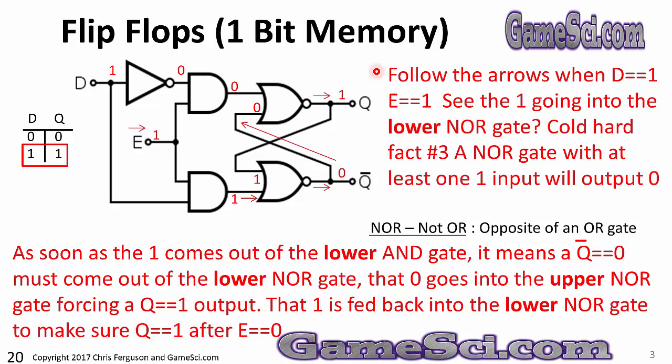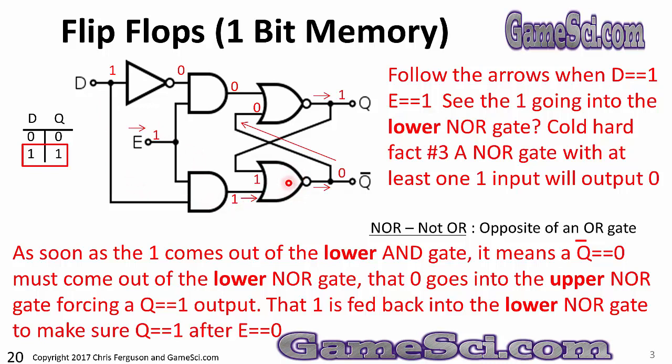Follow the arrows when D equals 1 and E equals 1. See the 1 going into the lower NOR gate? Cold hard fact number 3. A NOR gate with at least one 1 input will output a 0. Follow this 1. It's fed into this AND gate. With two ones on this AND gate, we'll put a 1 on this NOR gate.